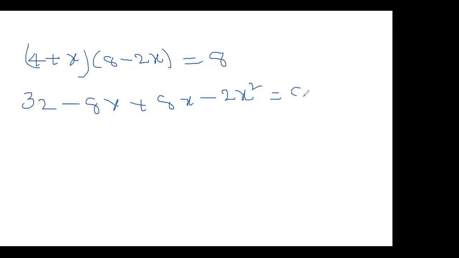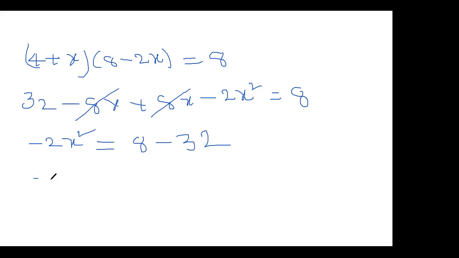It is a quadratic equation, and I am writing minus 2x square at the beginning, minus and plus cancel. Here is 32 plus 32. Just wait. This 32 goes to the right side. Then it will be 8 here, and this is minus 32. No need for the quadratic formula; you can also get the solution this way. Don't worry about it.